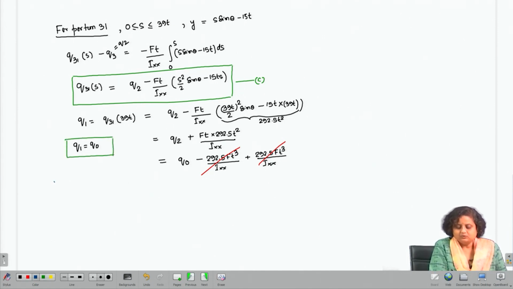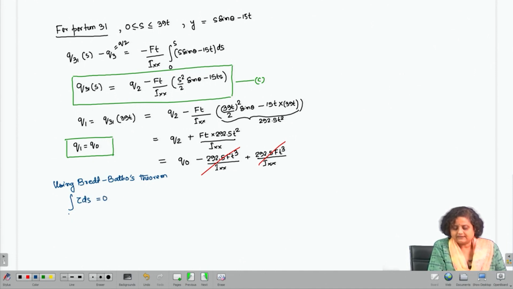Now, this is the next step of solving the problem. Using Bredt-Batho theorem, we can say that the integral of tau ds is going to be 0.